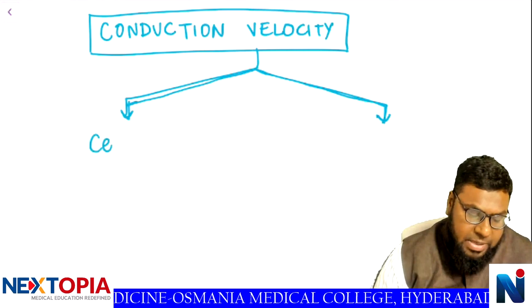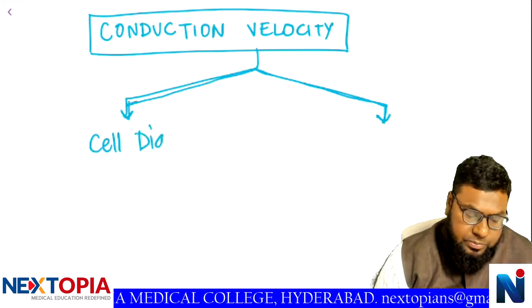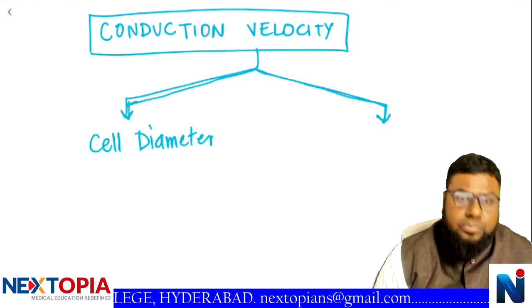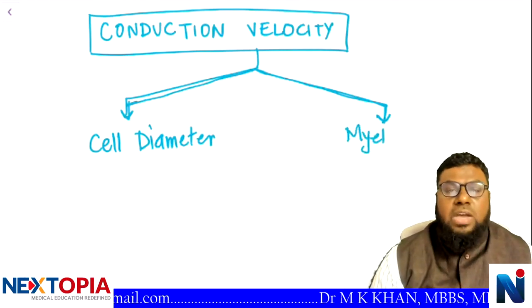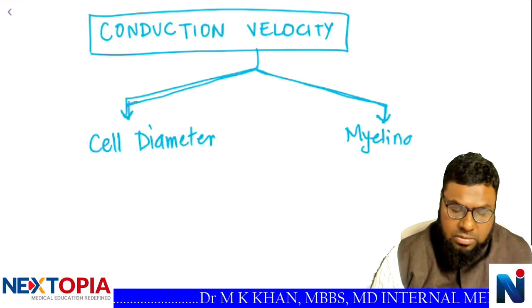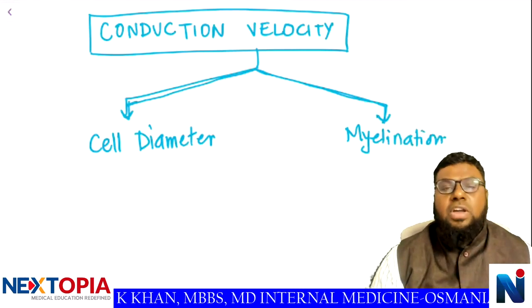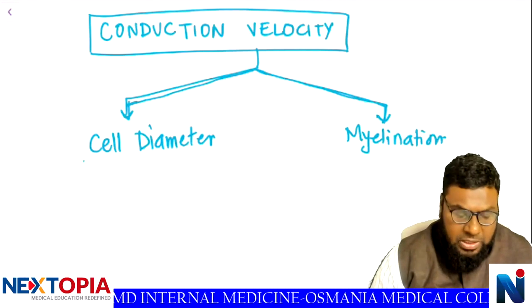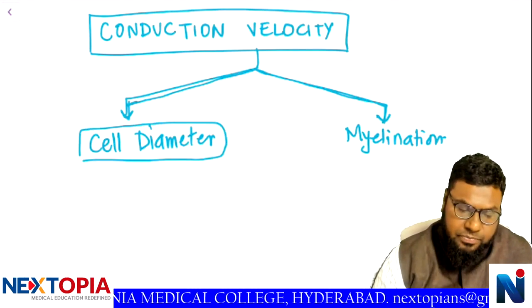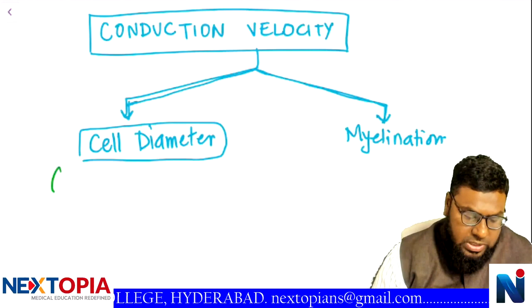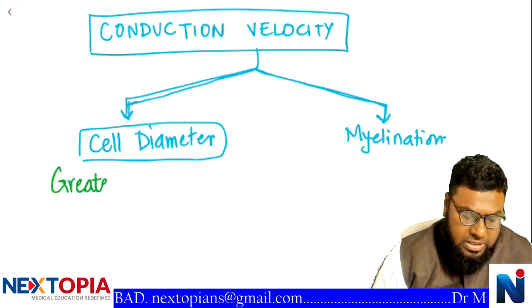One is the cell diameter. Another is the myelin sheath, the property of myelination. Please remember, the greater the cell diameter, the greater is the velocity.